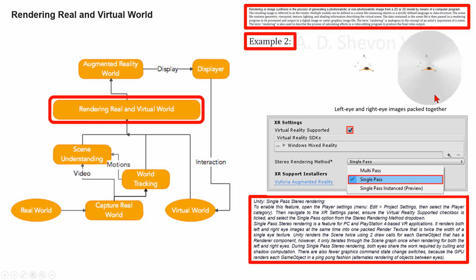However, it only iterates through the scene graph once when rendering for both the left and right eyes. During single pass stereo rendering, both eyes share the work required by culling and shadow computation. There are also fewer graphics command state change switches because the GPU renders each game object in a ping-pong fashion, alternating rendering of objects between eyes.